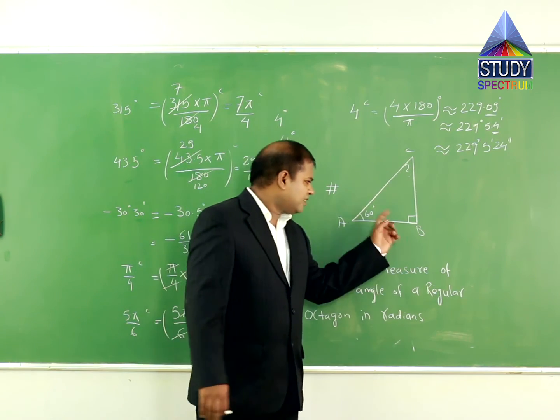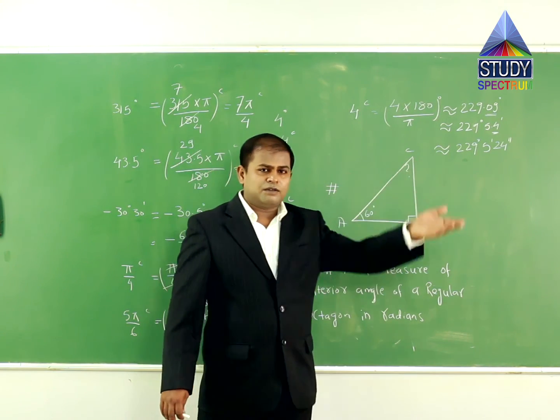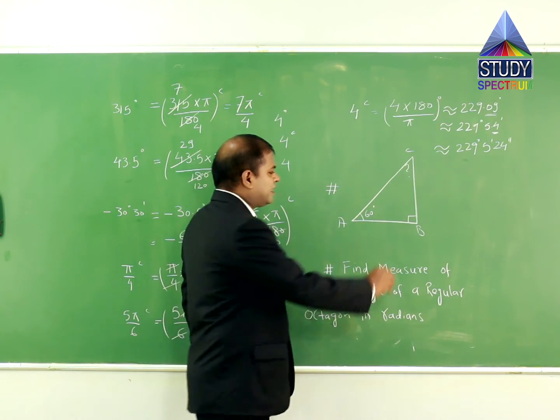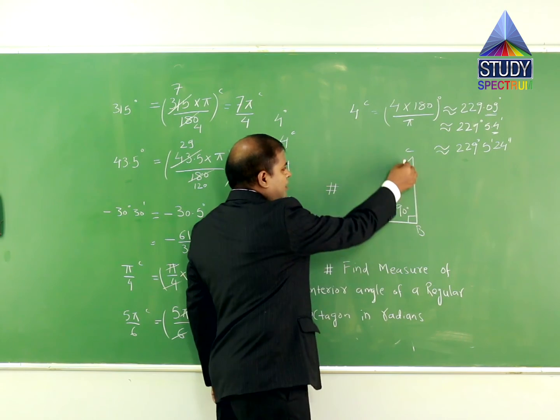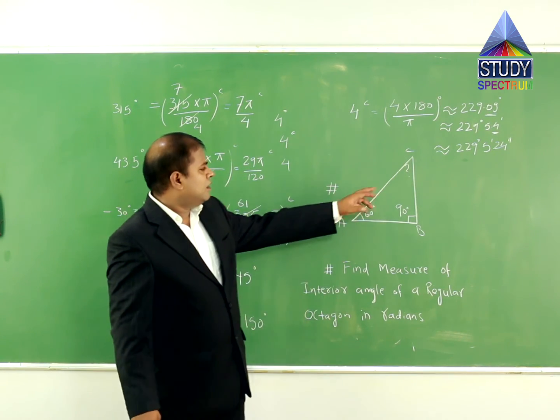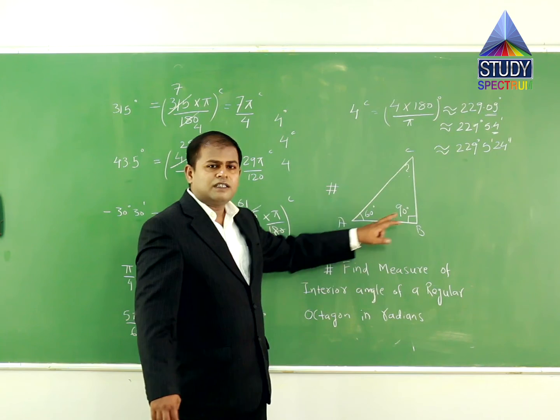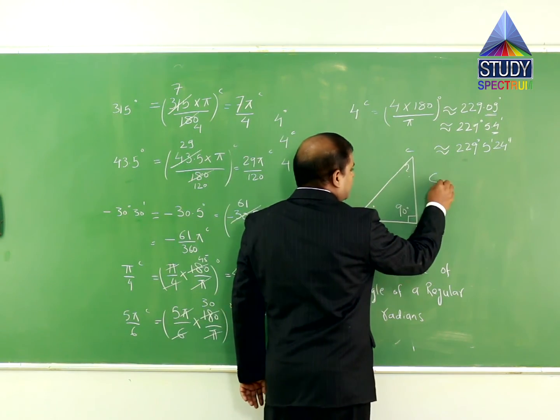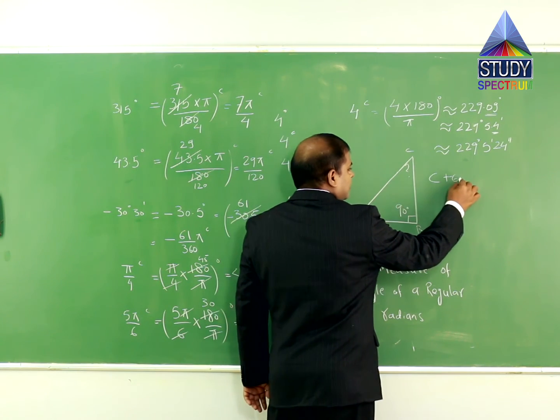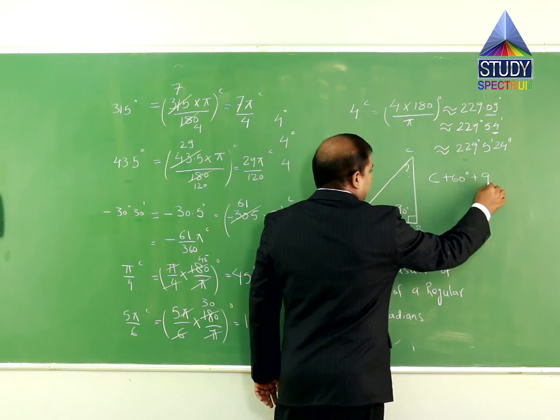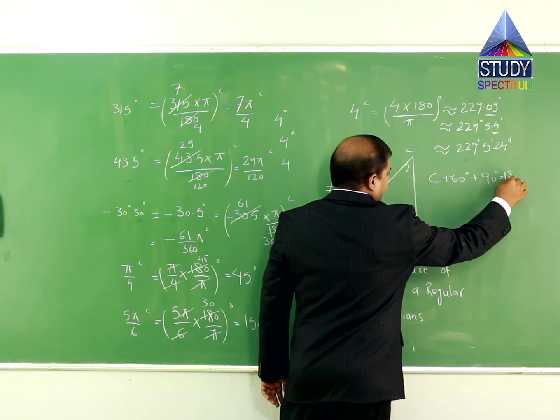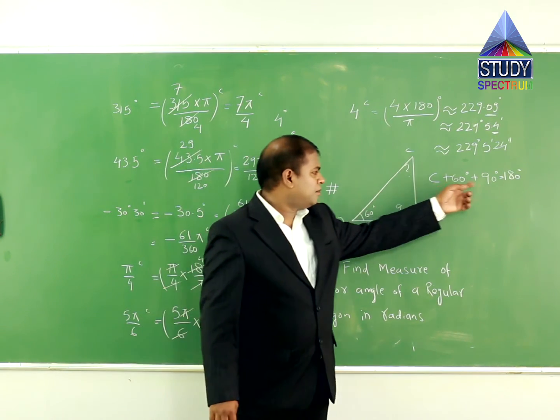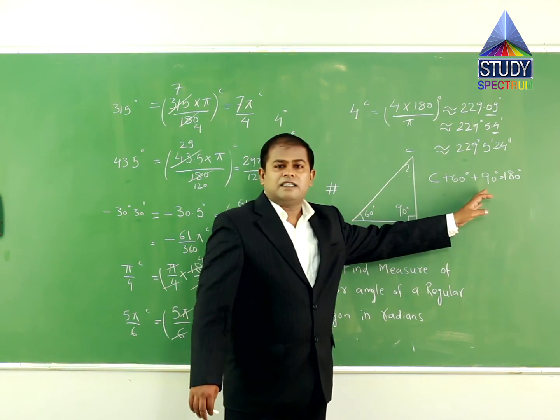So what we can do is, we'll find the degree measure of this and then we'll convert it to radians. This is a right angle, so it measures 90 degrees. And angle C is what we have to find. Now, we know very well, the sum of the 3 interior angles of a triangle is 180 degrees. So angle C plus 60 degrees plus 90 degrees is 180 degrees. 60 plus 90 is 150.